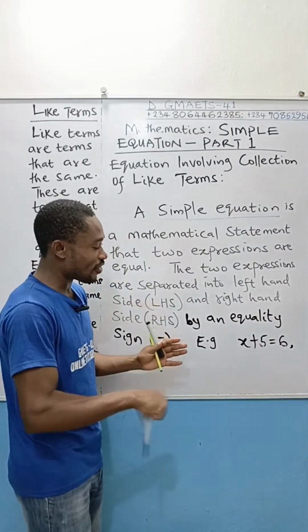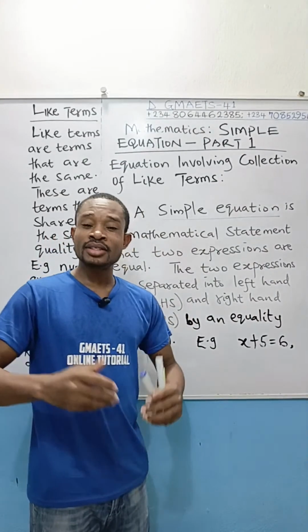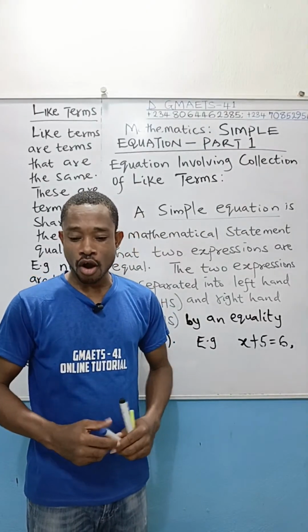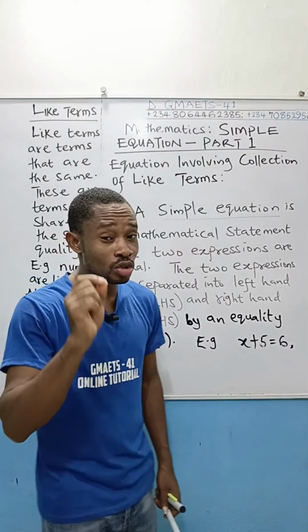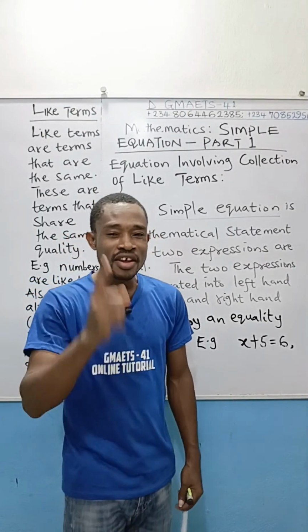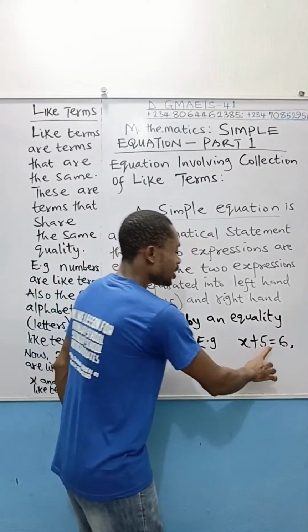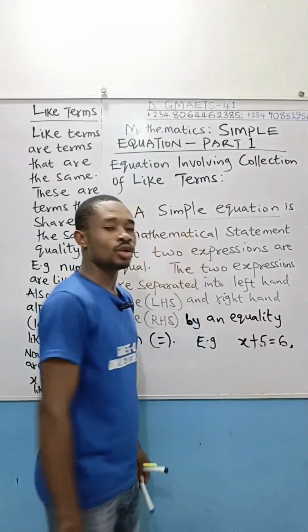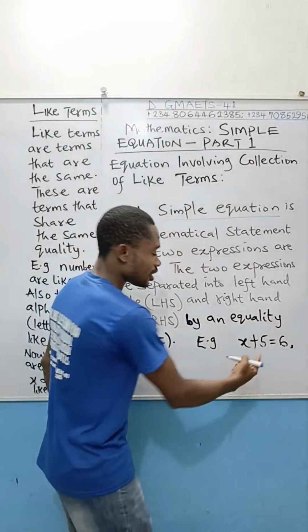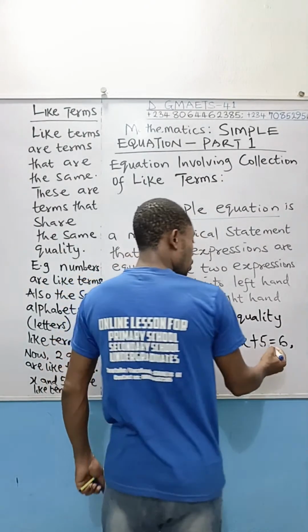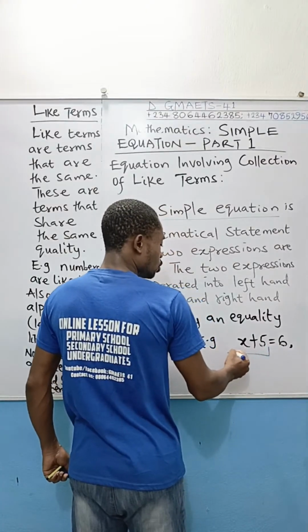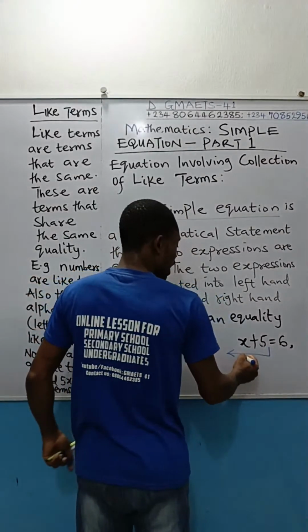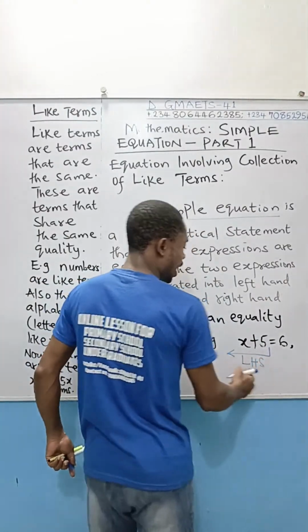How do you identify the left-hand side and the right-hand side of an equation? The first thing you have to do, take notes, is to locate the equal to sign. And this is our equal to. From here, the beginning part of the equal to is what we call the left-hand side, LHS.